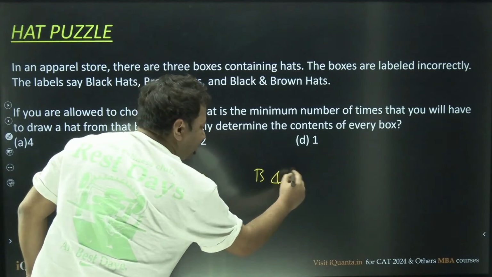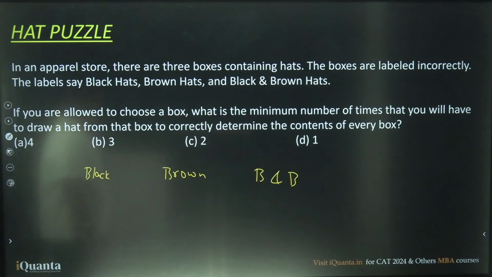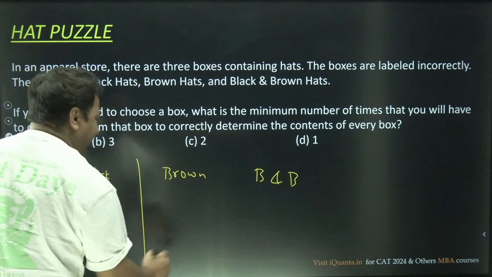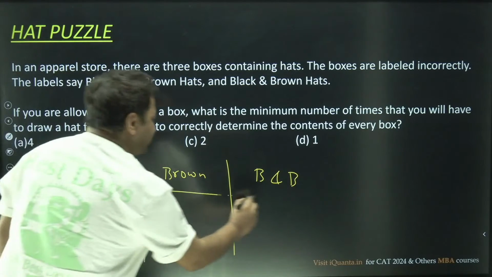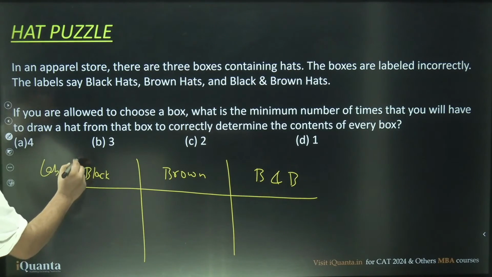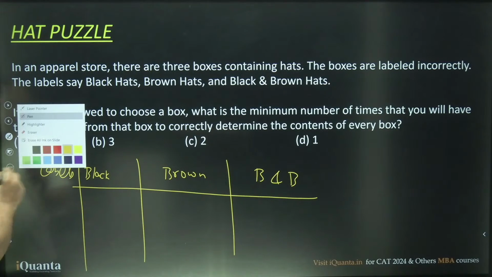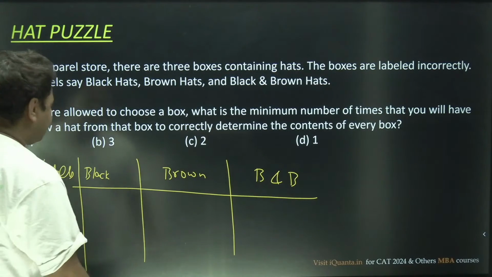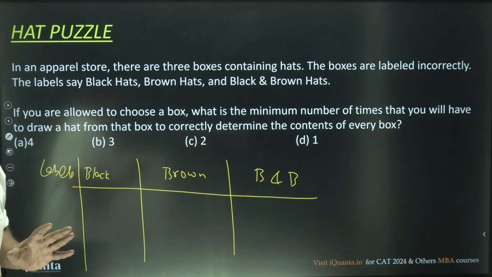I'm writing it B and B, because we will come to that. These are the labels, but the reality I will be writing in the columns. So there are 2 possibilities over here.